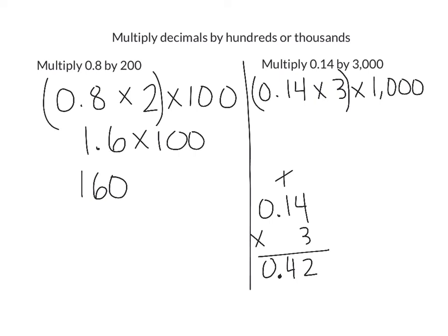So our answer is 42 hundredths. And we go and multiply that by 1,000. So we're going to move the decimal point 3 places to the right, which means that our answer is 420.